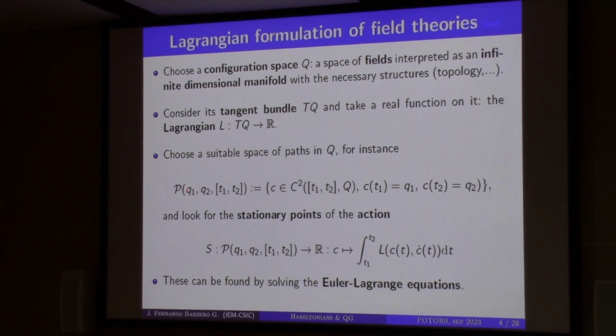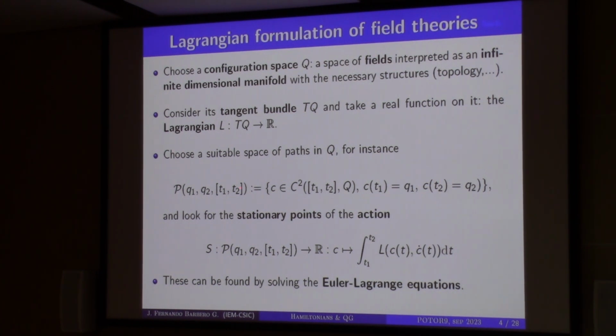You pick paths that go from one configuration to some other configuration, called Q1 and Q2. The paths start at time t1 at Q1, and they end at time t2 at Q2. And you have to demand some kind of regularity. The usual thing is to demand that these curves are twice continuously differentiable.